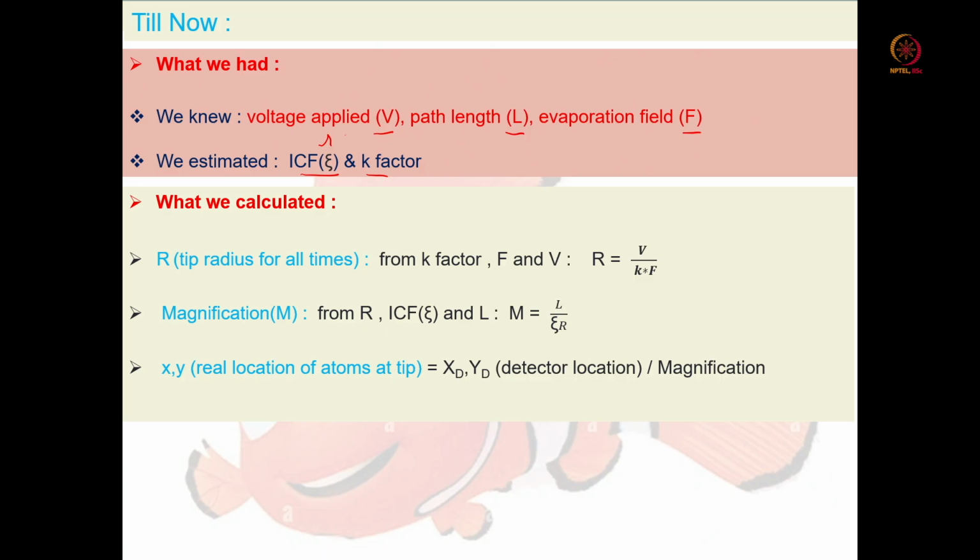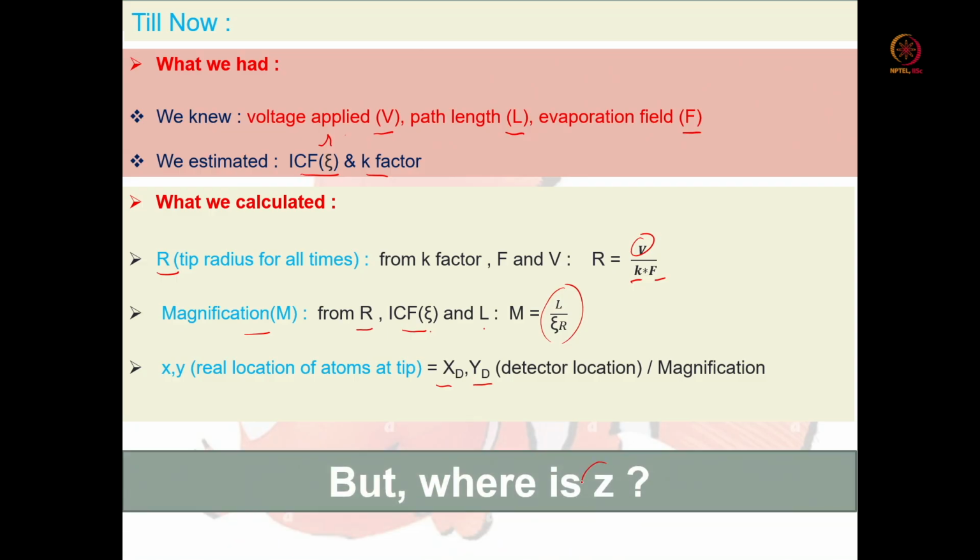Now we have calculated the radius evolution, the tip radius over time, which is related to the voltage, K and F. We have calculated the magnification from a definite R value, which is xi and L, so magnification is related to L by ZR. Also, the delay line detectors are used to know the XD and YD positions.